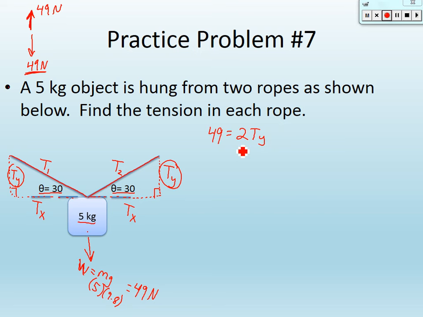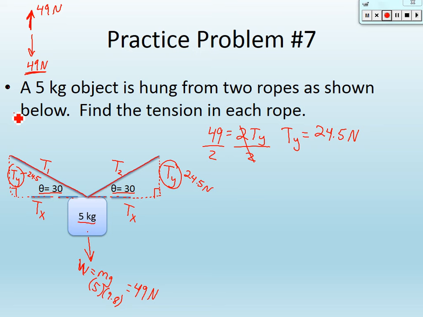And if we want to solve for Ty, what do we have to do? Divide by 2. So Ty is equal to what? 24.5 newtons. And so now we have a side of the triangle, 24.5 newtons. Let's just put it right here, 24.5 newtons.